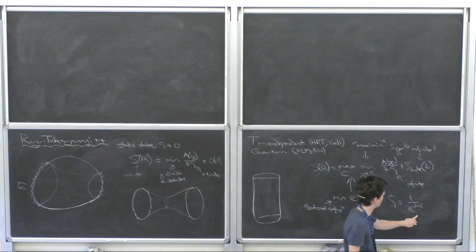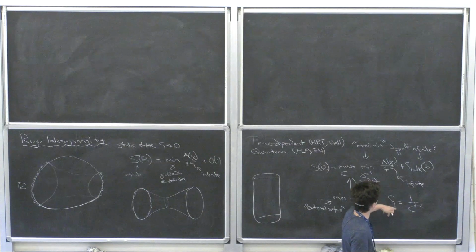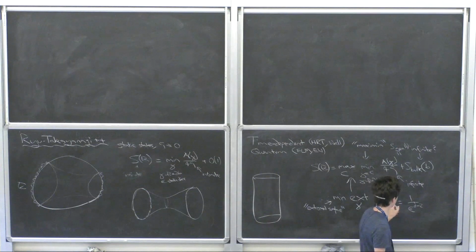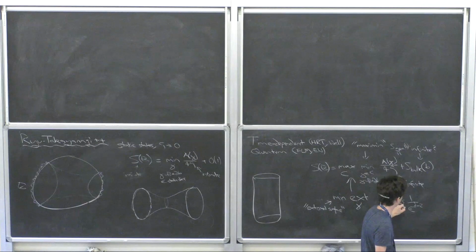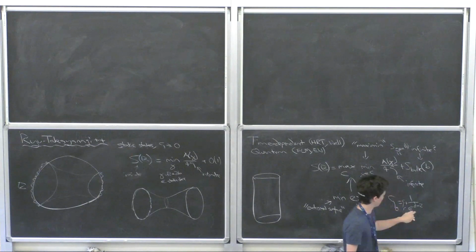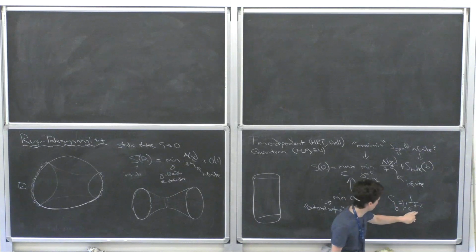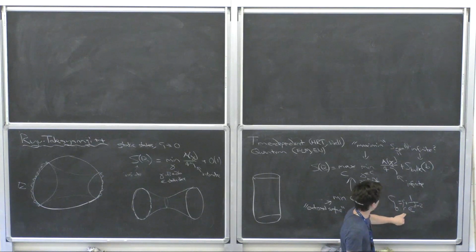And so you take this as G renormalized plus this, the bare one. This is the leading order divergence, and then plug that into there.